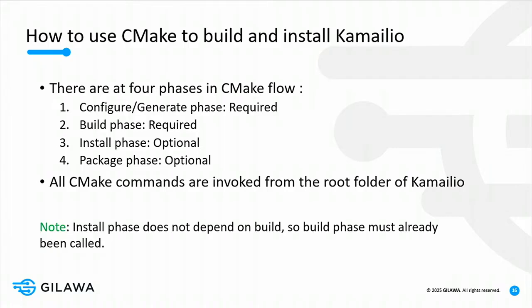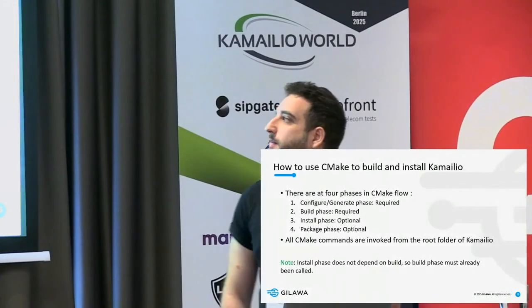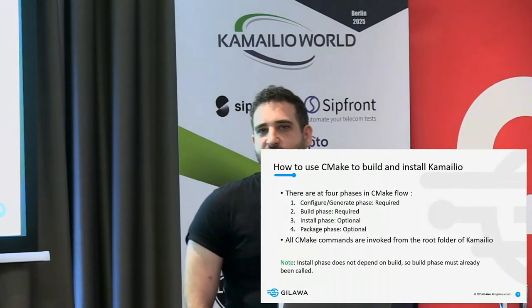There are at least two distinct phases in the CMake flow, and many more that one can use. The two that are really required are the configure-generate phase, and of course the build phase where the actual building is happening. And then we can have some separate phases like install, where of course we install the program, and package phase where package maintainers, for example, can invoke a command and the Debian package or whatever package is ready.